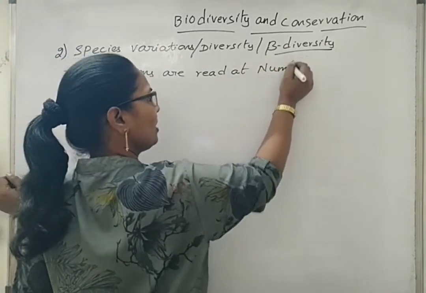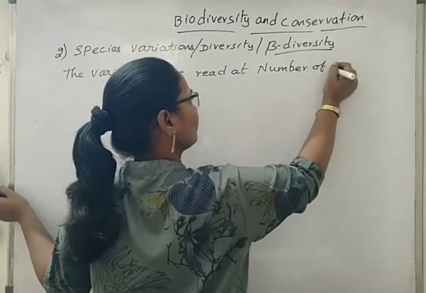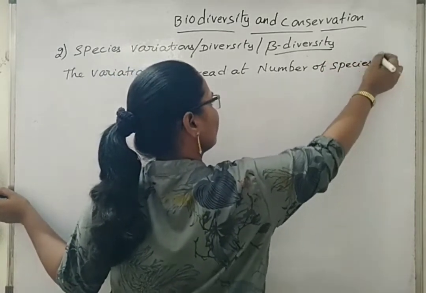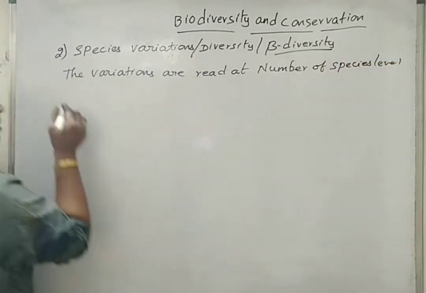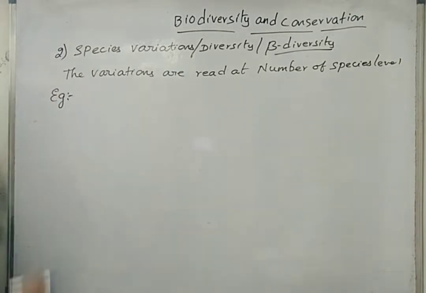For example, according to NCERT, one example is regarding the species of amphibians in Western Ghats when compared to Eastern Ghats.